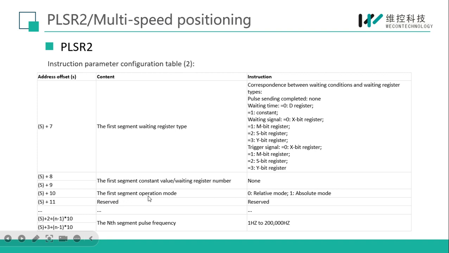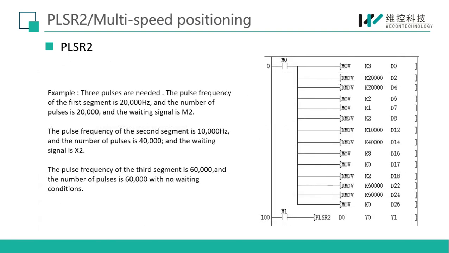D10 is about the operation mode. You can choose relative mode or absolute mode. The rest depends on how many segments you want. For example, if we need 3 segments, in the first segment the frequency is about 20,000 Hertz, and the number of pulses is also 20,000, and we're waiting for the signal M2.